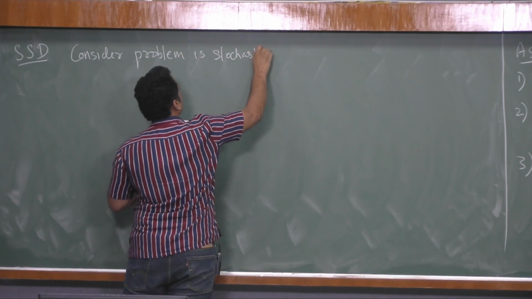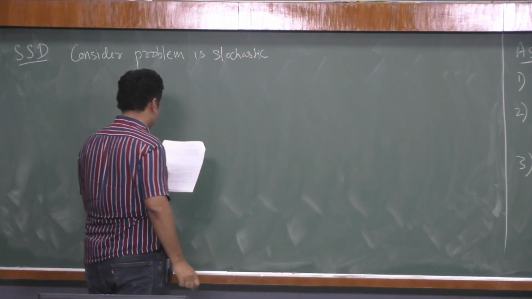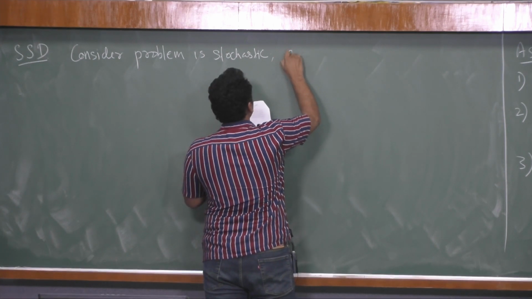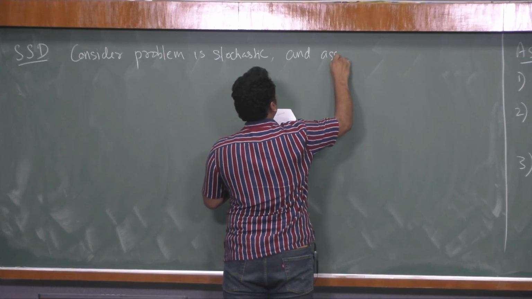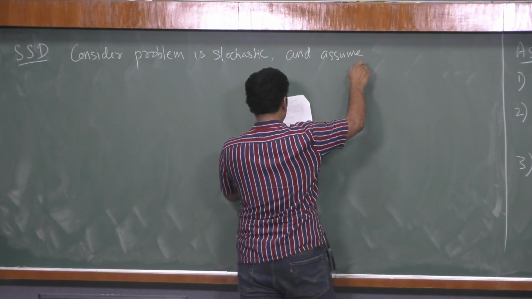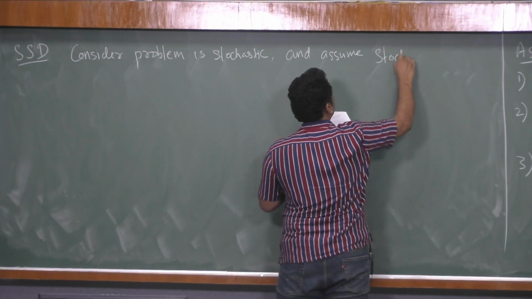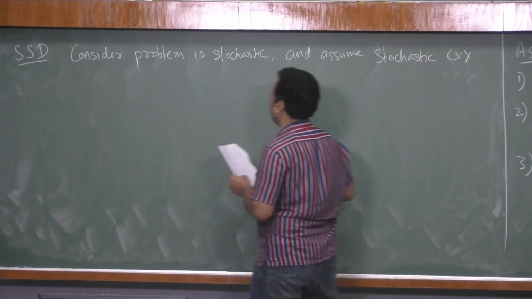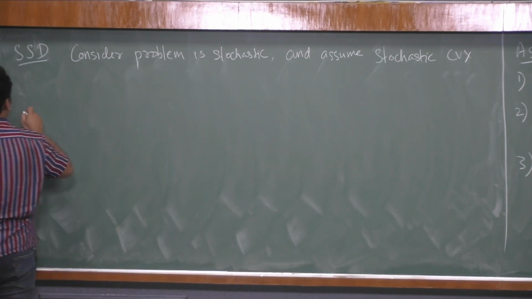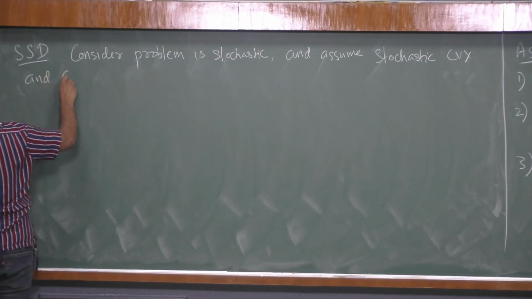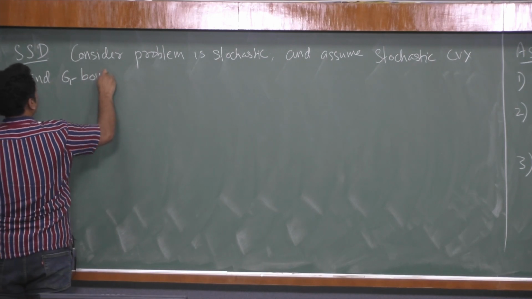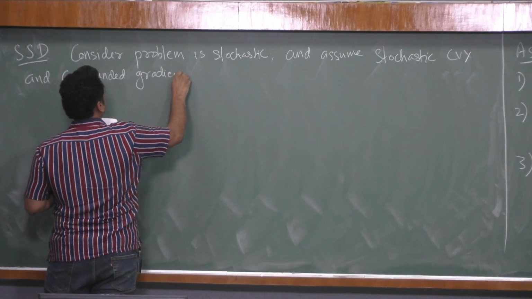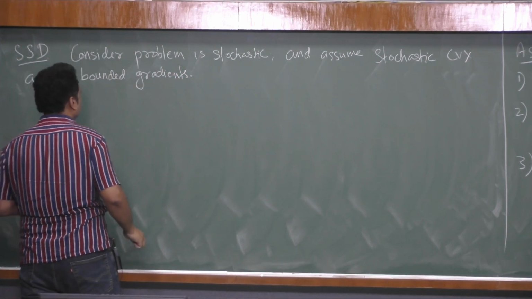So the function that we are minimizing is a stochastic function, and assume that we have stochastic convexity and G-bounded gradients.